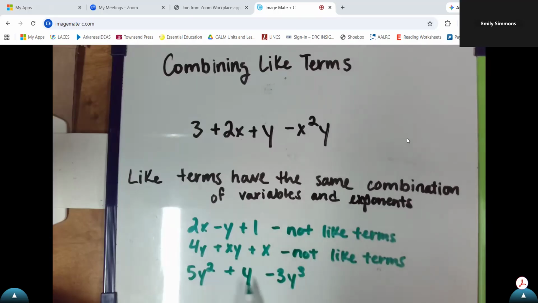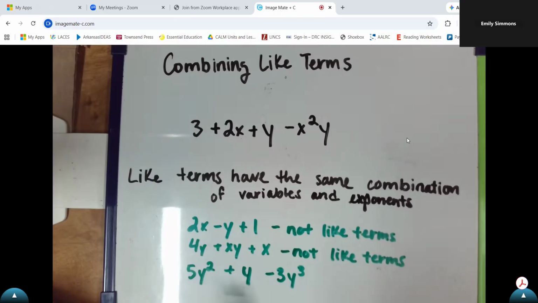Here I have a 2, here I don't have an exponent, and here I have a 3. I can't combine my 2 to my 3 because I still don't know what y is. If I knew what y was, I could plug that number in here and eventually combine everything. But since I don't know what it is, I can't combine anything unless it has the exact same set of variables and exponents. So these are not like terms.